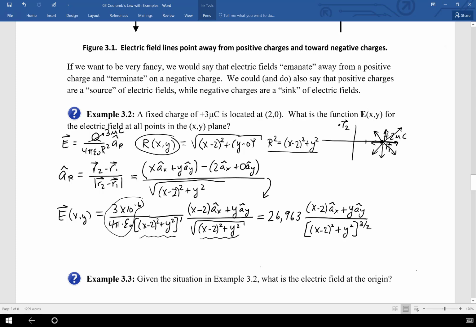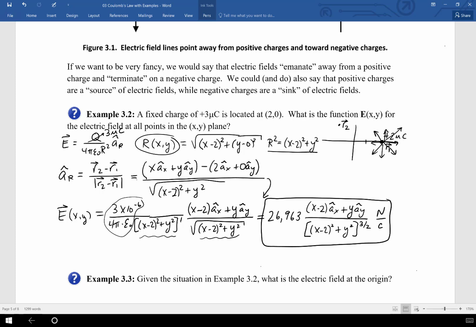And that will all end up being in newtons per coulomb. So all I need to do is plug in a quantity for x and a quantity for y, and I will then know what E is at that location x comma y.